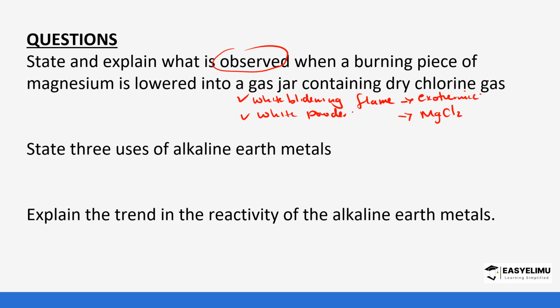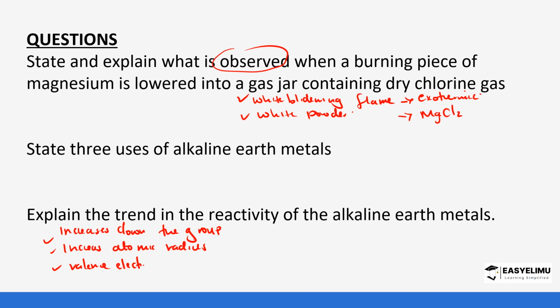Explain the trend of reactivity of alkaline earth metals. We said that their reactivity increases down the group. The reason why it increases is because there is an increase in the atomic radius. If there's an increase in the atomic radius, the valence electrons are held weakly by the nucleus.